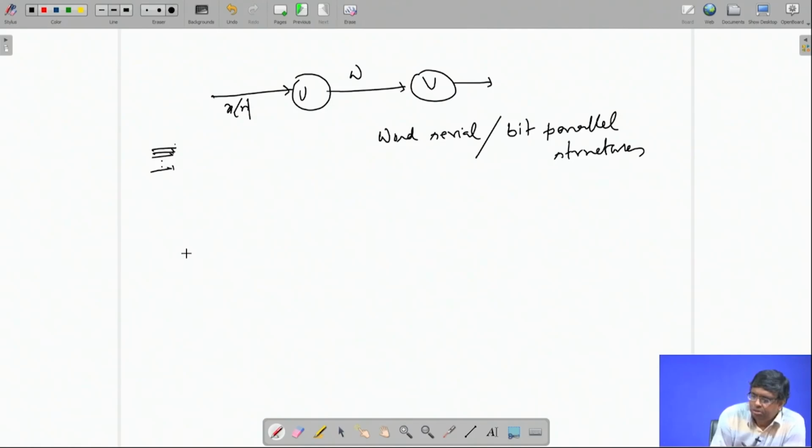Word serial and bit parallel structures.